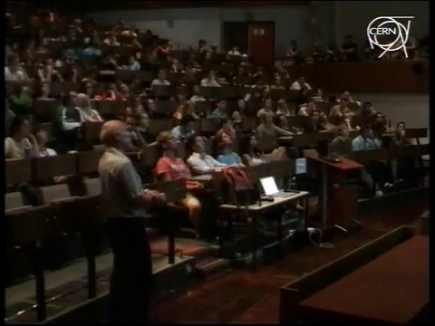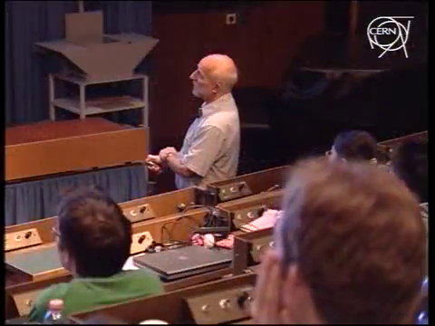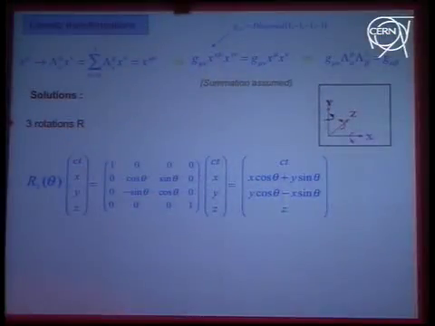And the answer is you get 3 rotations. Now you should be on more familiar ground, acting on this 4-vector x mu, which is ct, x, y, z, written as a column vector. R is a 4 by 4 object. That's the lambda mu nu. It's got 4 rows and 4 columns.